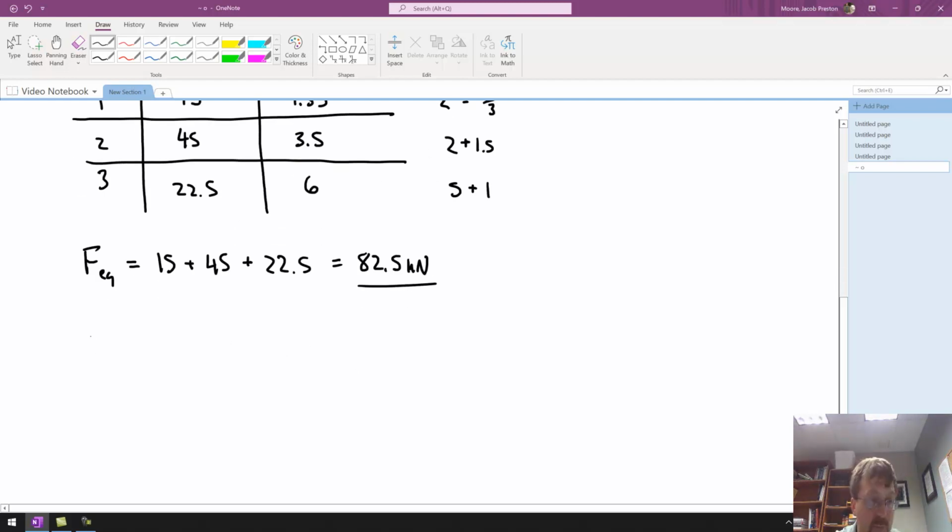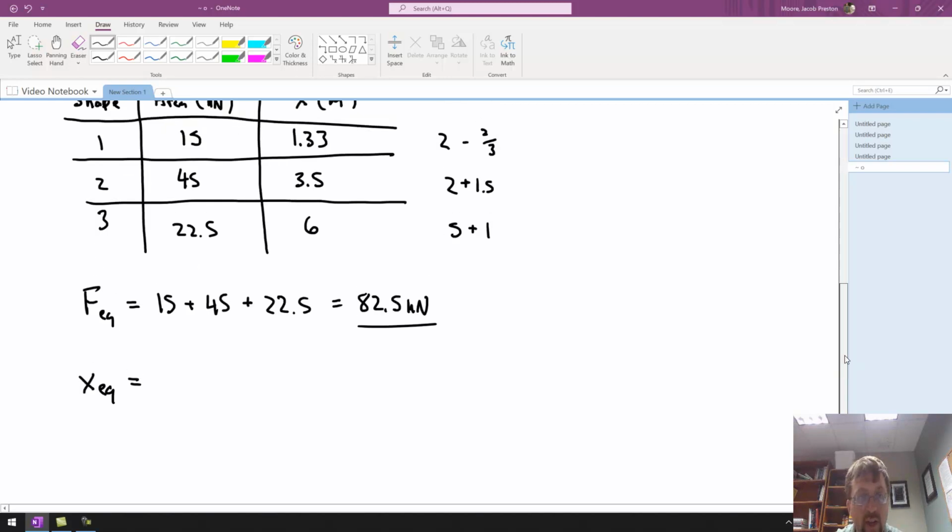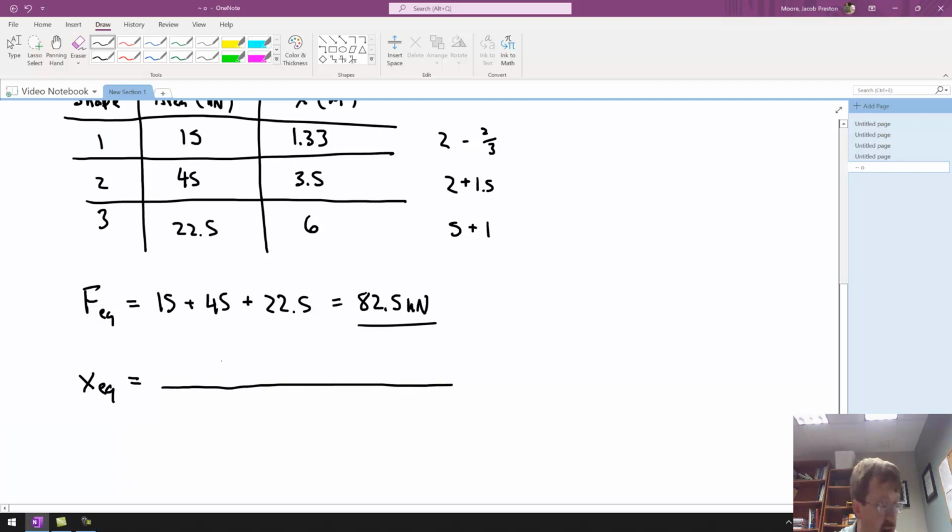And for X_EQ, the location of my equivalent point load, I need to do area 1 times x bar 1 plus area 2 times x bar 2 plus area 3 times x bar 3, divided by the total area, as one big fraction. So 15 times 1.33, plus 45 times 3.5, plus 22.5 times 6.